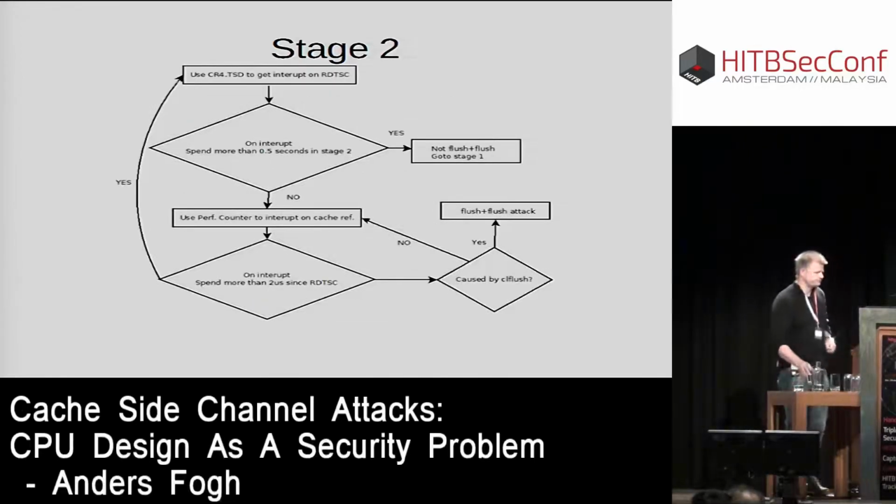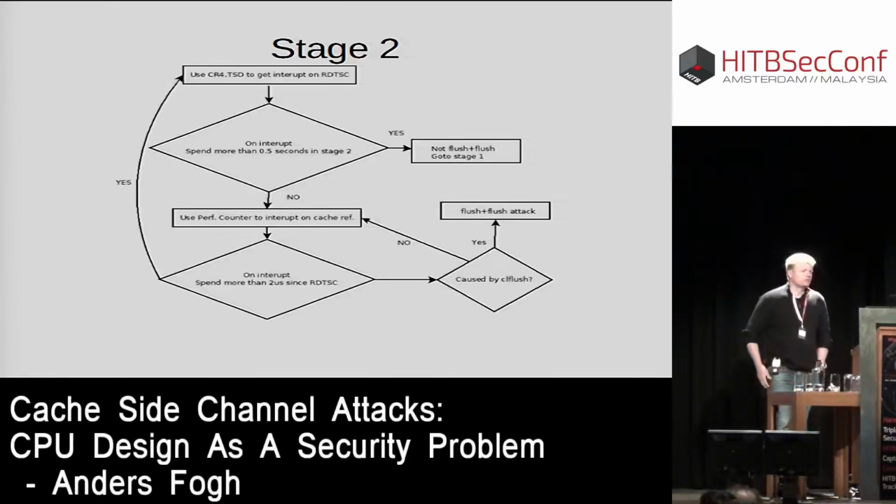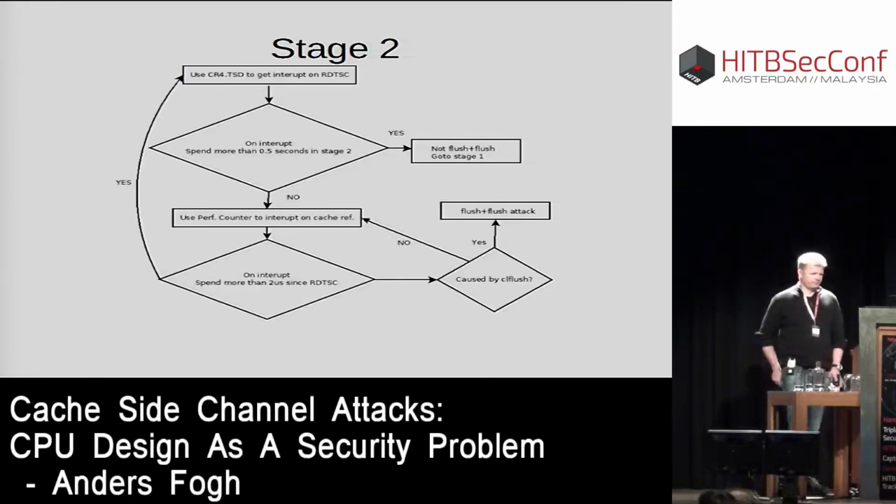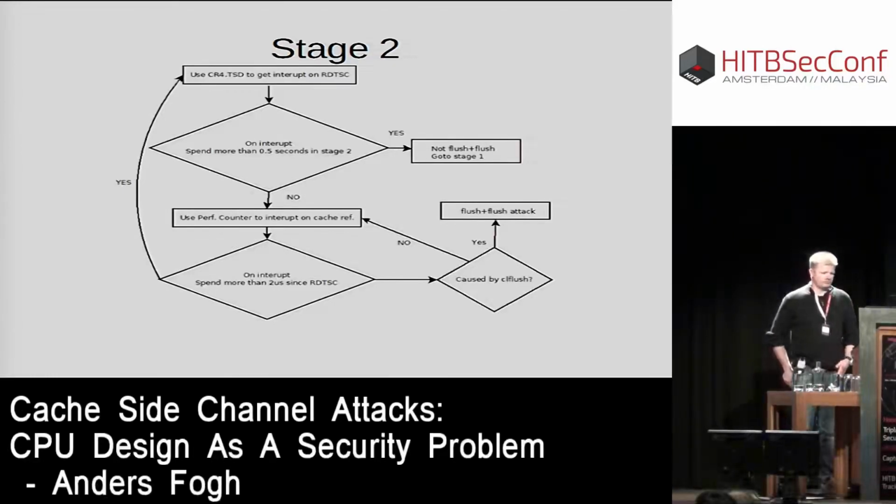So, stage 2. Here we again use the CR4 TSD flag to get an interrupt on RDTSC. If we get this interrupt within half a second of being in stage 2, we know that it was not Flush+Flush, and we can safely return to stage 1. However, if it was less than that, we proceed to set up performance counting on cache references.